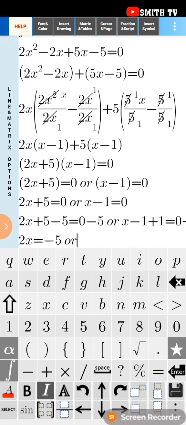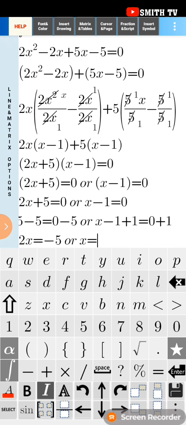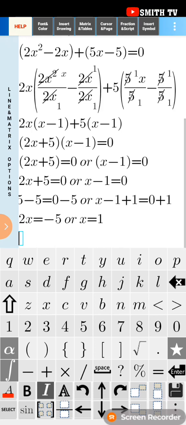Or x, then minus 1 plus 1 is still 0. So my equal sign comes next. Then 0 plus 1 gives me plus 1. I'm now close to my answer.